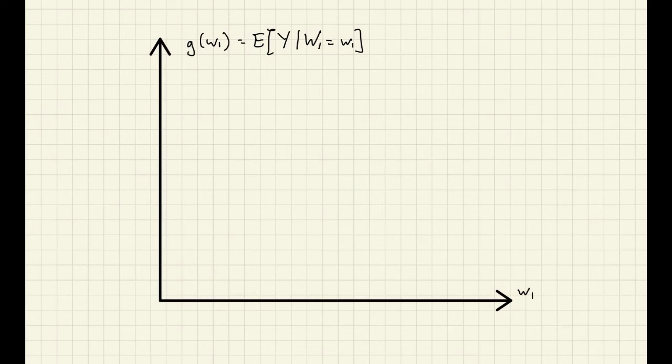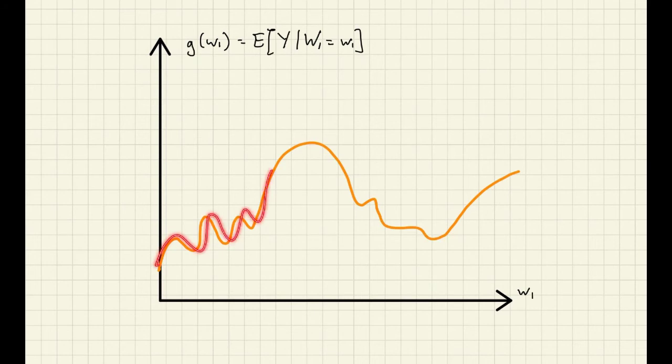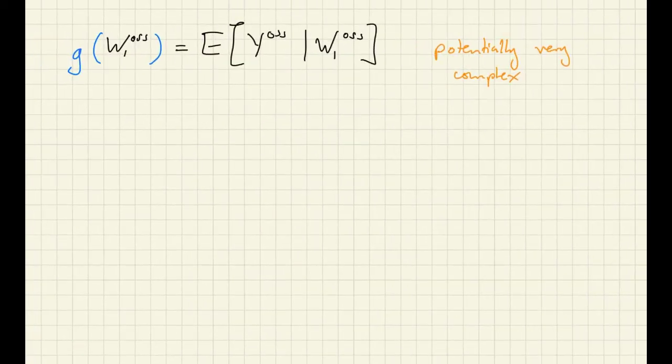For example, it may look kind of like this. We don't know. But it could potentially have such a very highly nonlinear shape. The problem with such highly nonlinear functions is that they are difficult to estimate.